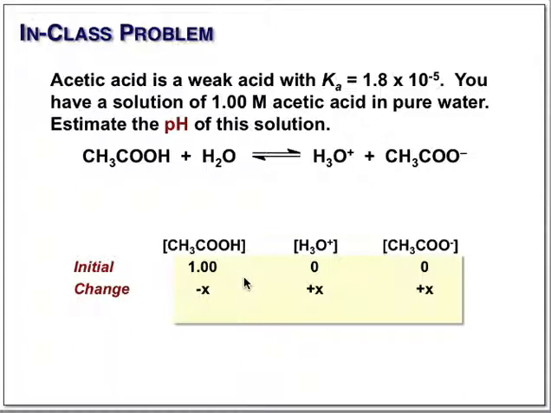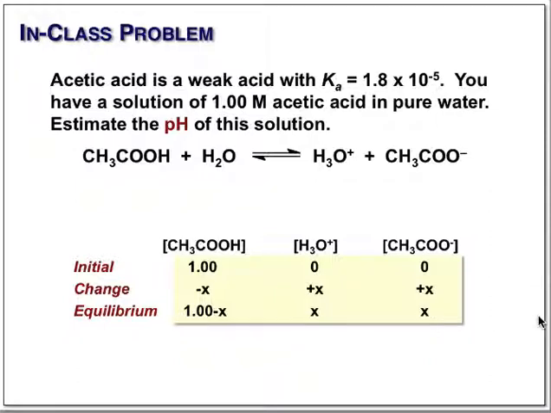My change is going to be in a value x. What I'm saying here is that a small amount of acetic acid is going to ionize. When it does, it will drop the concentration by x. As it ionizes, it will form hydronium and acetate, and therefore they will increase by x. At equilibrium, I have 1 minus x, x, and x.